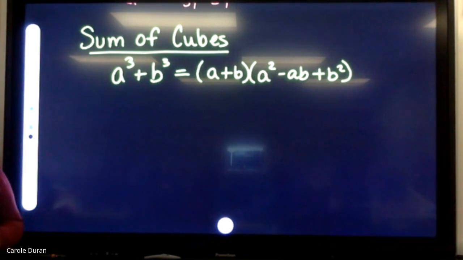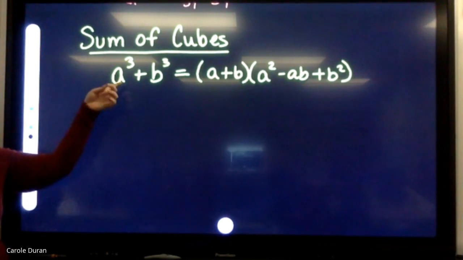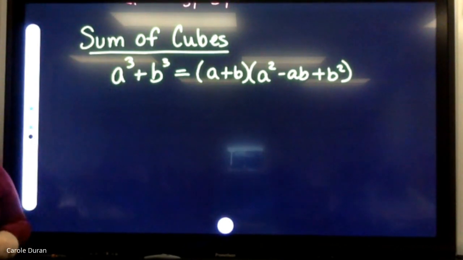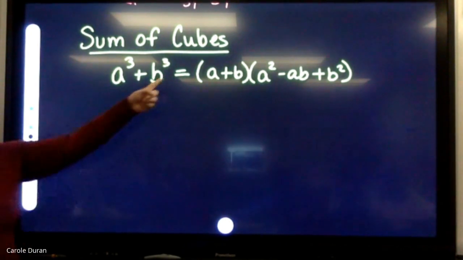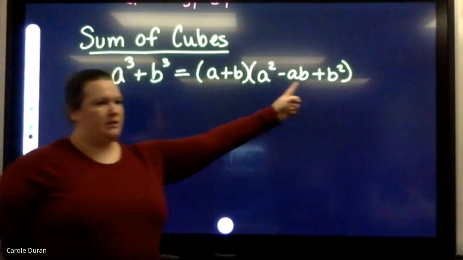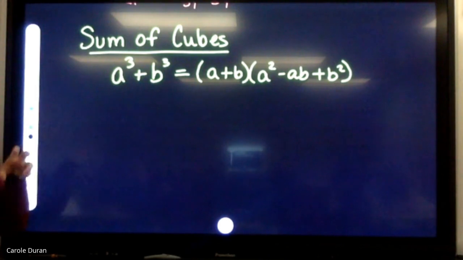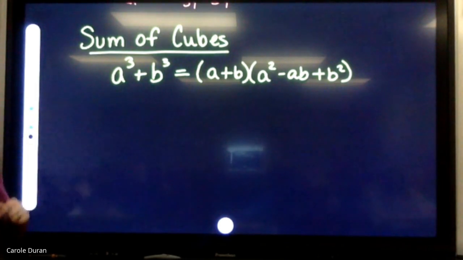What does this do? It allows us to factor this extremely easily. Because if I looked at this the way it is right now, I have no idea how I would factor that without this rule. There would be no way for me to make that smaller. This is factoring. Breaking it up into smaller portions that multiply together to equal that.